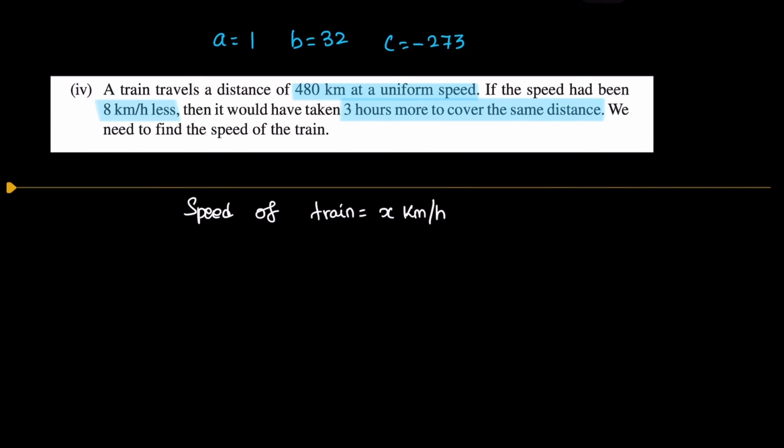Then it's a uniform speed. What is the time? So time is equal to distance by speed. So the distance value is 480 kilometer, it's fixed. So then the speed is x. So the next part, if the speed has been reduced, that means minus 8, x minus 8, it will take 3 more hours.